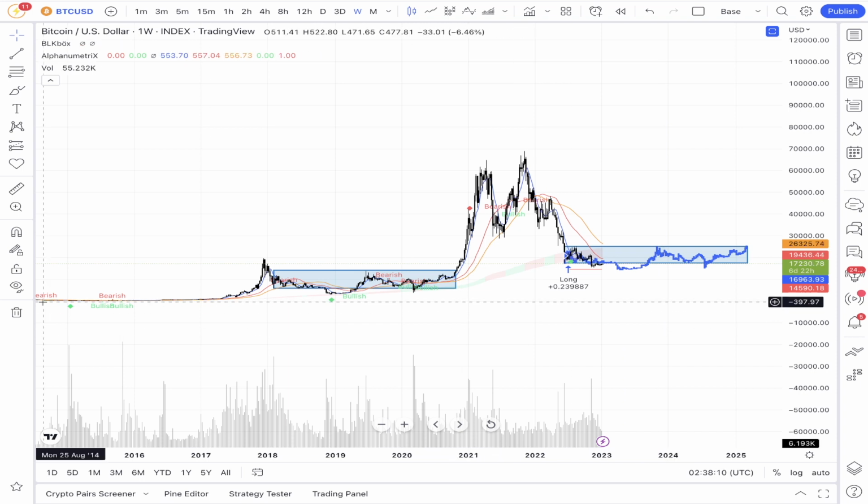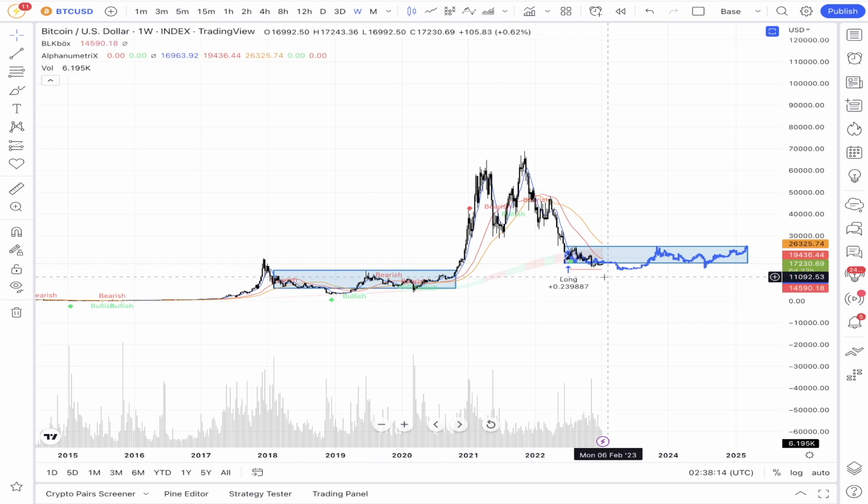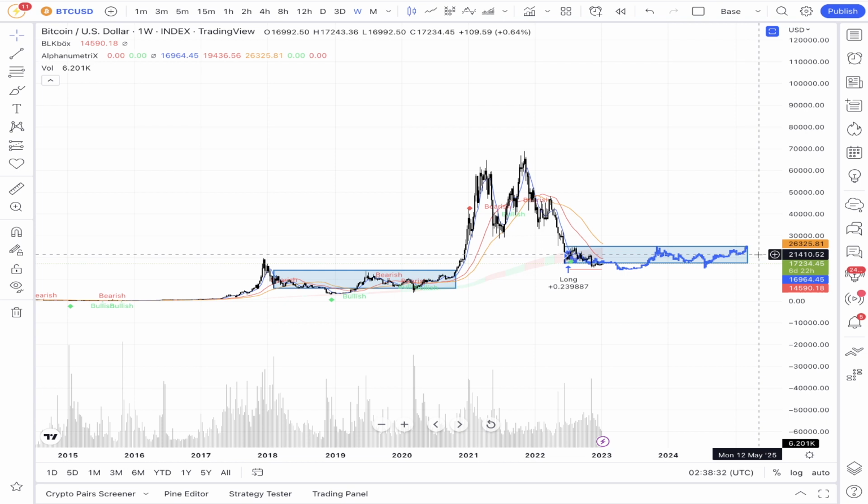Every cycle previous to what we've seen has been a longer cycle. So if this is to be the same amount of bear market, we're looking at 2025. And if it's going to be increasing in duration, like the bear markets have been and the bull markets have been, everything has been lengthening in cycle, then we could be into 2026 before we see a break of the overall macro trend.